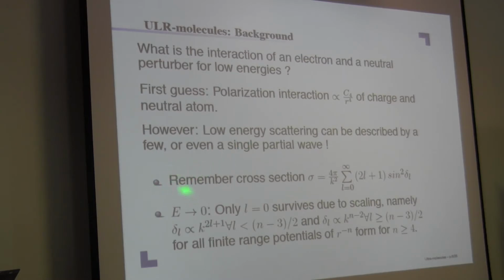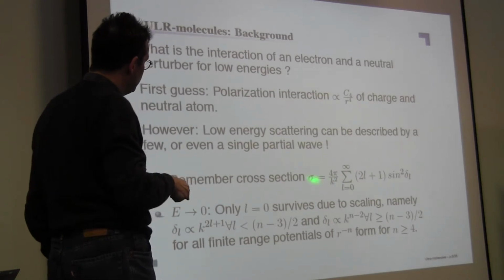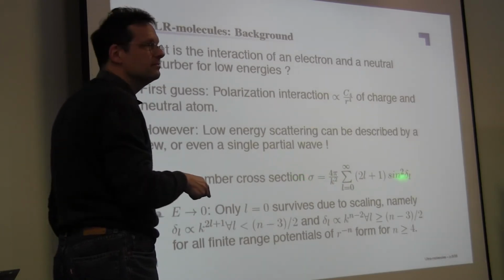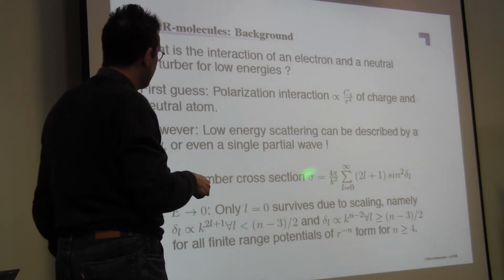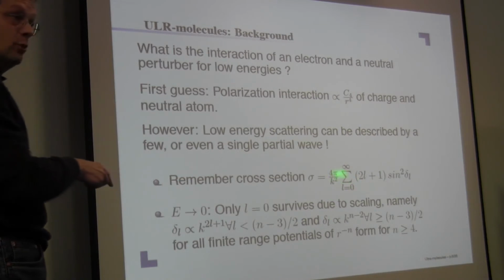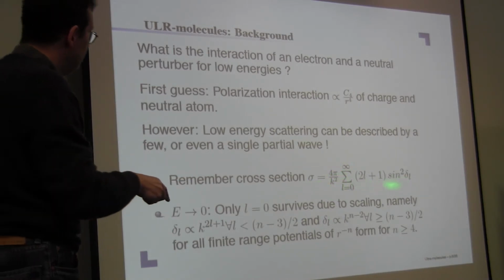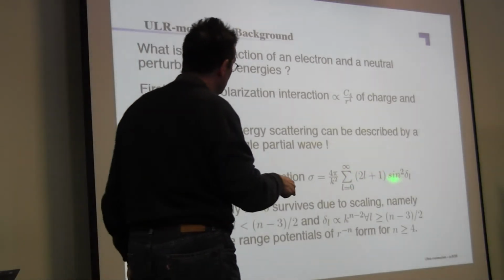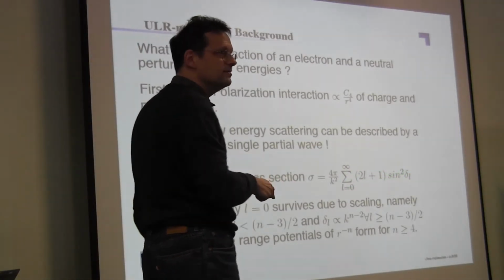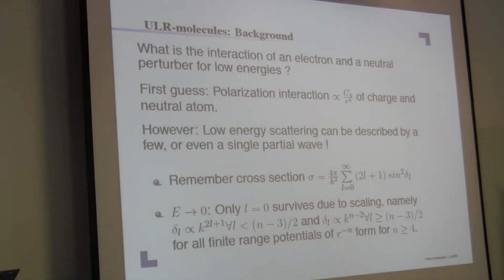What you all know is that in a radially symmetric scattering problem the total cross-section of the scattering behaves like this. That means sigma is equal to the sum over all angular momenta, L being the angular momentum from 0 to infinity, of 2L plus 1 times sine squared delta L, and the delta L are the scattering phases of the radial scattering problem.